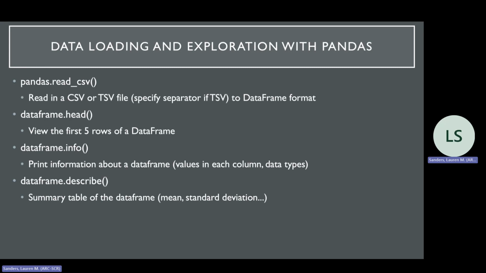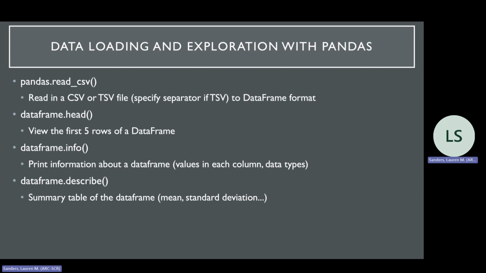And the output of this function is a Pandas data frame. You can then use the .head function to view the first 5 rows or number of specified rows of a data frame. This is especially useful if your data set is very large and you just need to have a sneak preview, but you don't want to print the whole data frame out to the screen.